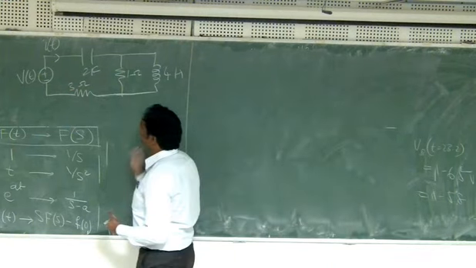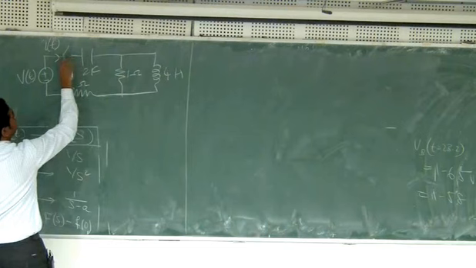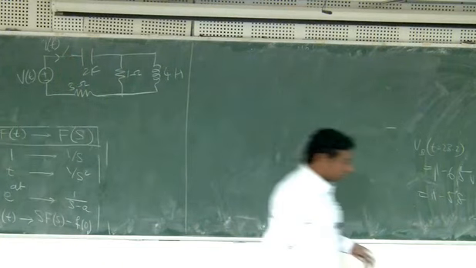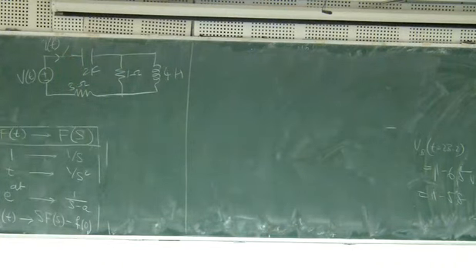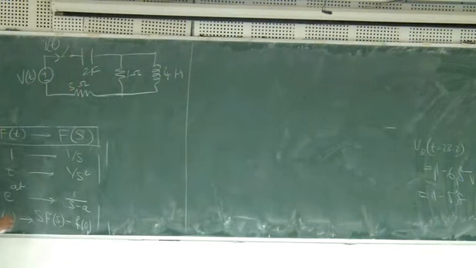Okay. So here there is supposed to be a switch here. I think that is the whole point about this problem. One second. I am trying to figure out whether the switch is being closed or being opened, which is more interesting.